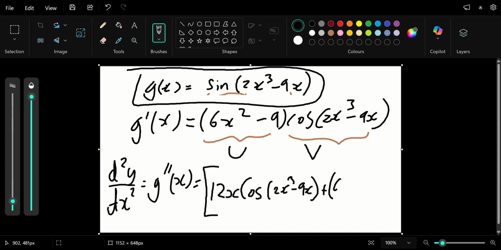plus the regular form of u, and this time multiplied by the differentiated version of v. In this case, cos, we know cos differentiates into minus sine. I seem to have run out of space. Let me just write it below then.